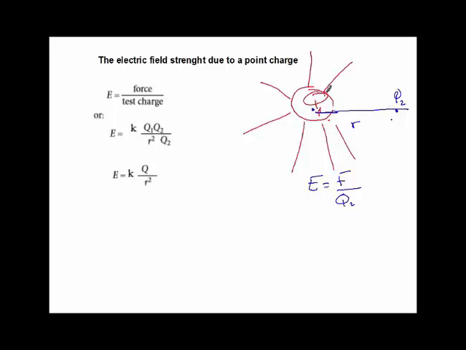So it should be F, the electric force caused by this charge, divided by this testing charge. Yes? Okay. Now we know that there is an interaction force between these two from the previous lesson, which is equal to K Q1 Q2 over the square of the distance between them.